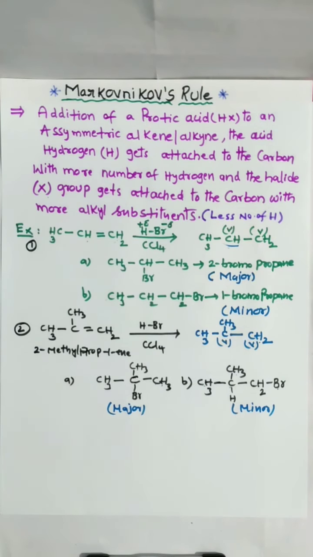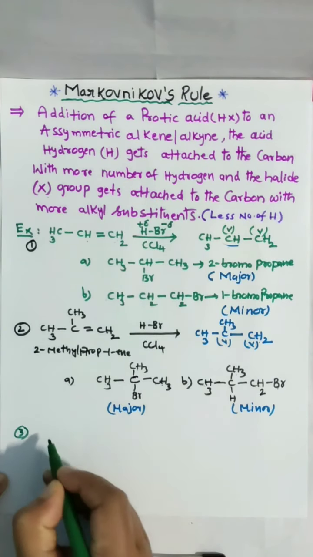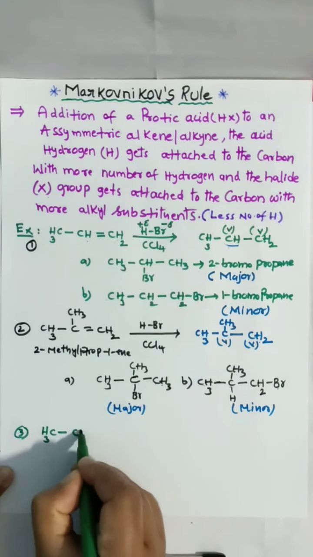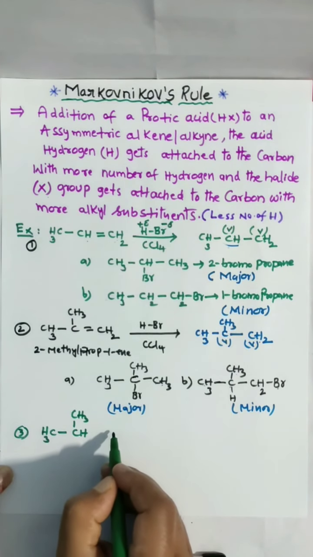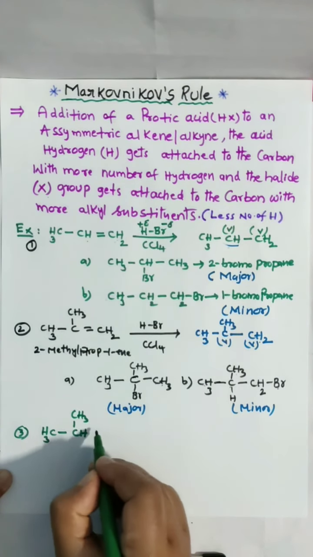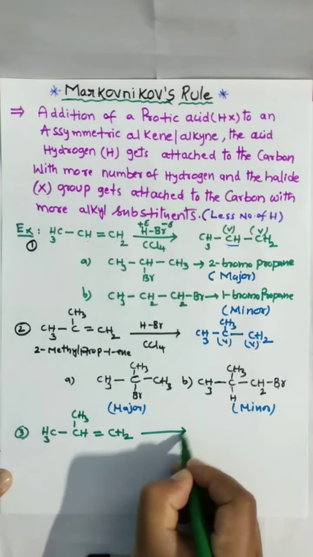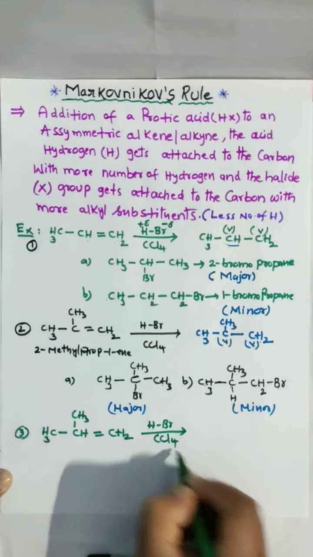Let me go for another example. This time I am explaining with another different one. Example number 3. Go for here. CH3 bond CH bond CH3 double bond CH2 giving rise to HBr in the presence of CCl4.